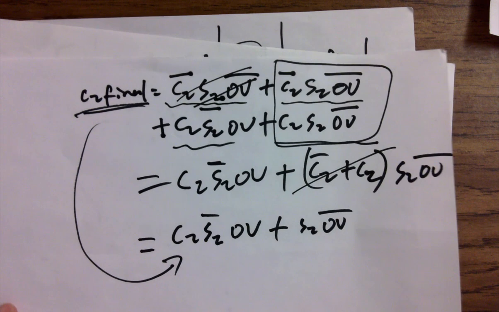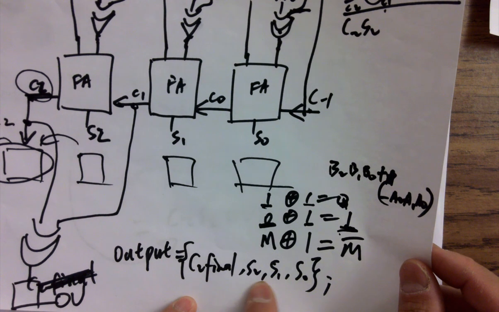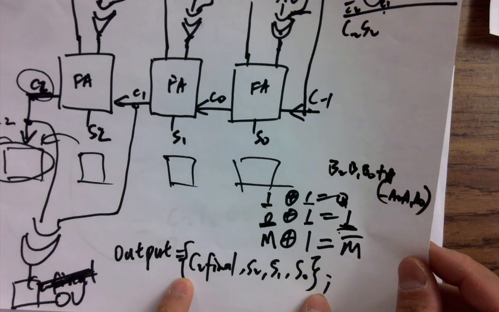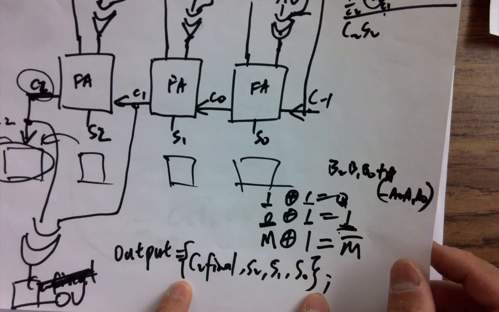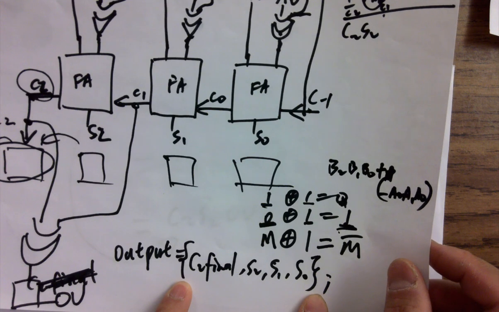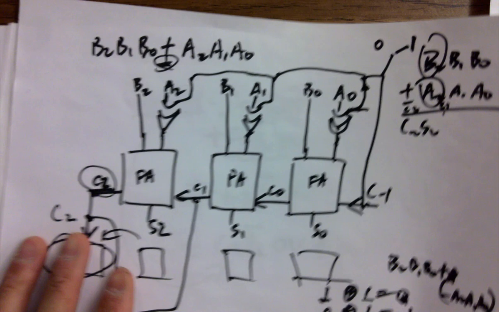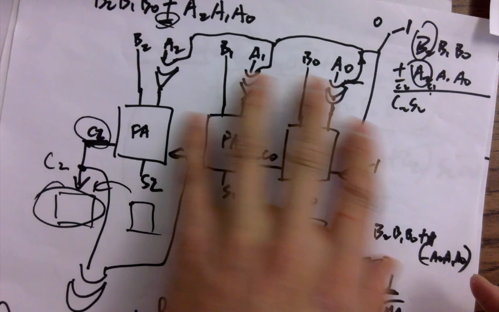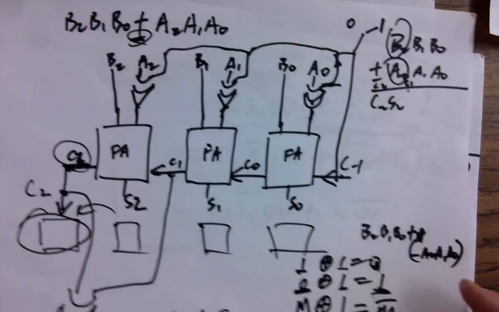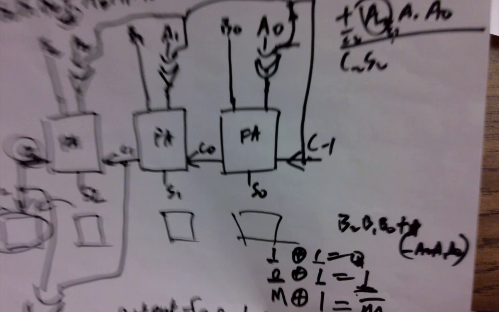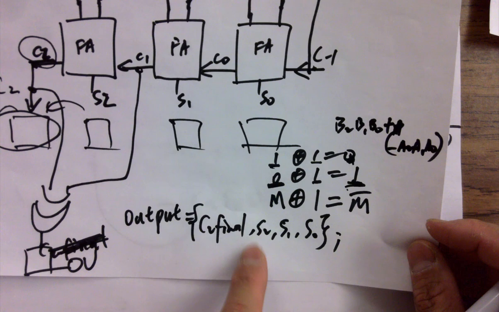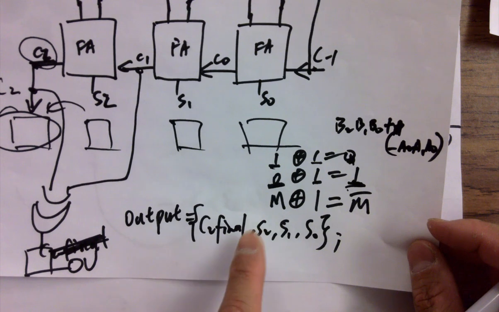And then you do a concatenation of the C2 final with all the rest of the S bits. That's the final result, if you have an adder subtractor system using 2's complement with signed numbers. No matter what you do internally, it has this structure and a lot of other things, and this will be the final result being output to the ports of the adder submodule of the Verilog.